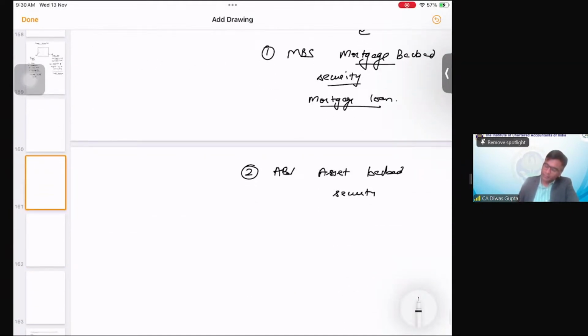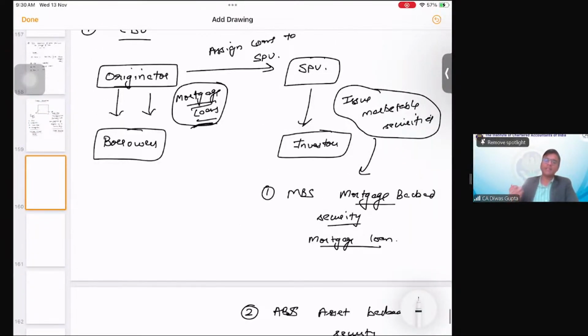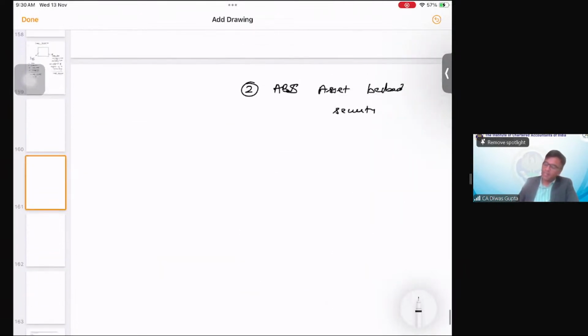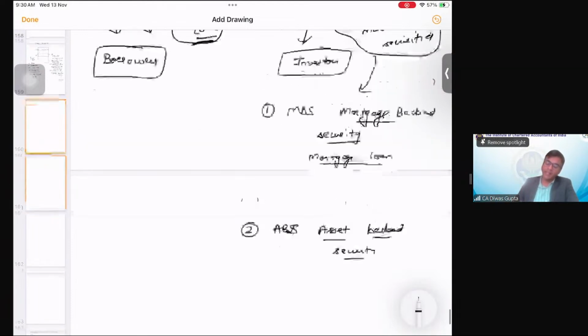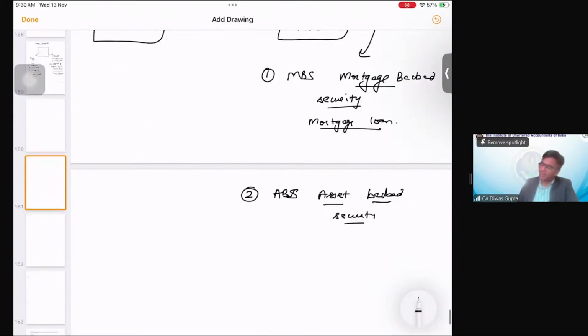In case, let's say, the underlying instead of mortgage loans is a credit card loan or car loan or any other thing, that is called an asset-backed security, right? Because there is a different type of asset rather than a mortgage loan. Why are we calling it an asset? Because it is a receivable. For SPV or for originator, the loan given is an asset. So that is why it is called the asset backed security.